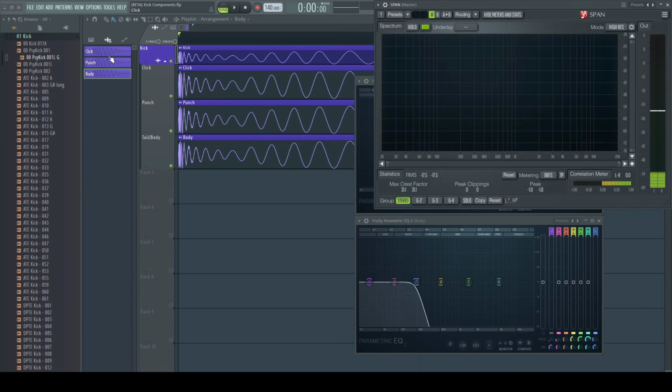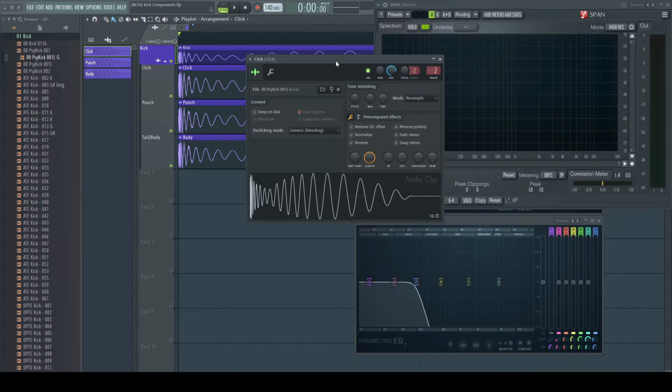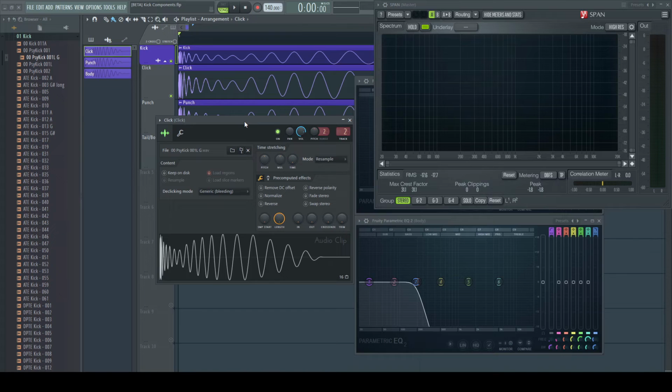The attack is always the same, but changing just the body to a different sample gives us a whole new kick. The same is of course true for the attack.